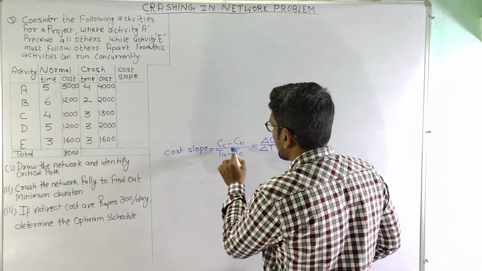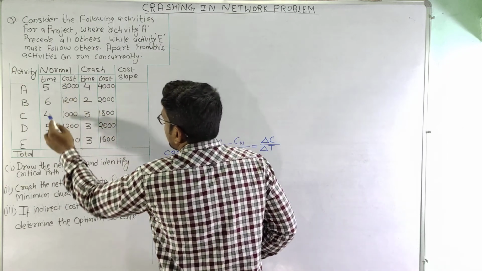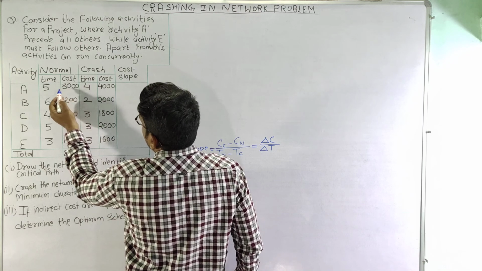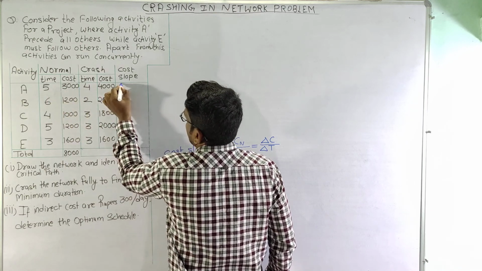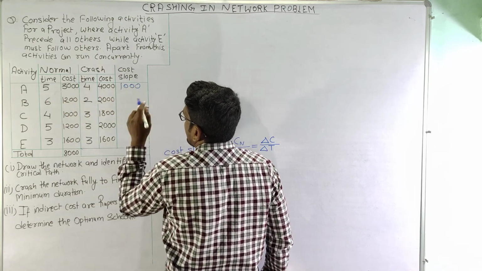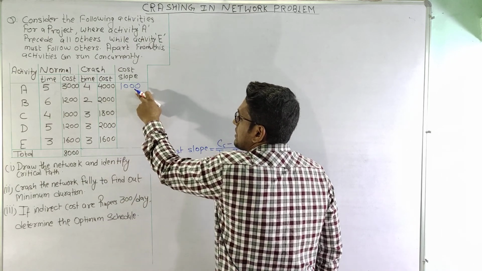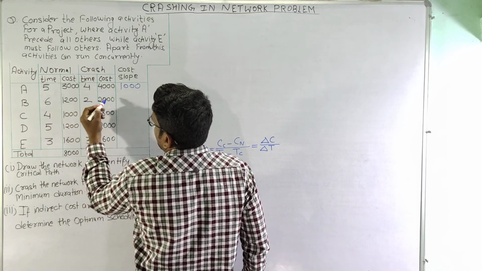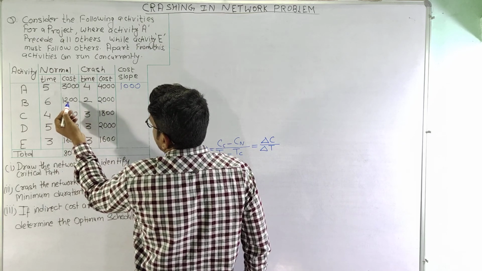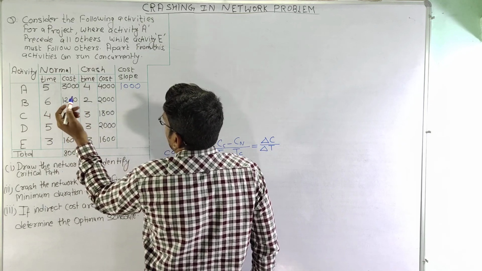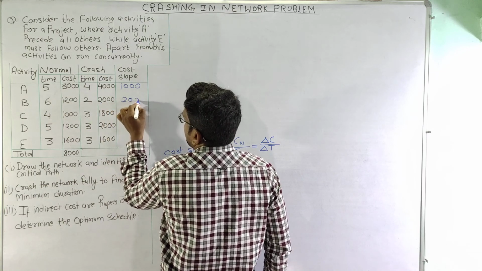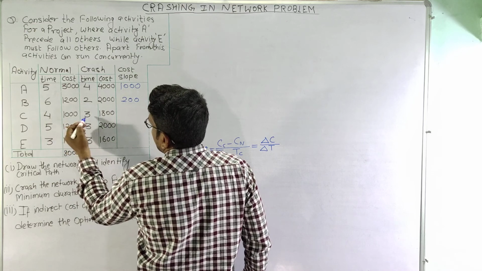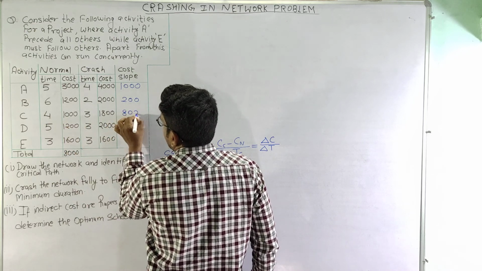Let us calculate cost slope for various activities here. For activity A, delta C is 4000 minus 3000, 1000, divided by 1, so this is 1000 per day. For activity B, it is 2000 minus 1200, that is 800, 800 divided by 4, so this is 200. This is 1800 minus 1000, 800 divided by 1, so this will be 800.